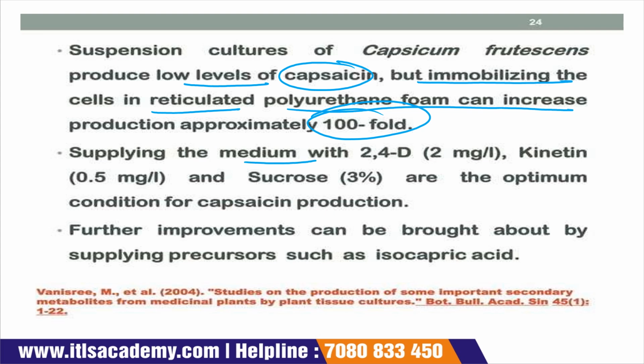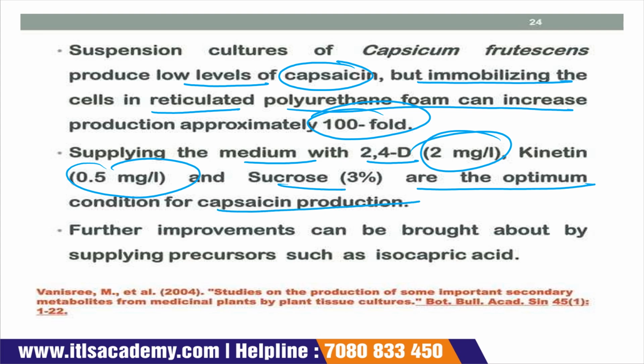Supplying the medium with 2,4-D at 2 milligram per liter, carnitine at 0.5 milligram per liter, and sucrose 3% are the optimum conditions for capsaicin production. A further improvement can be brought about by supplying a precursor such as isocapric acid.